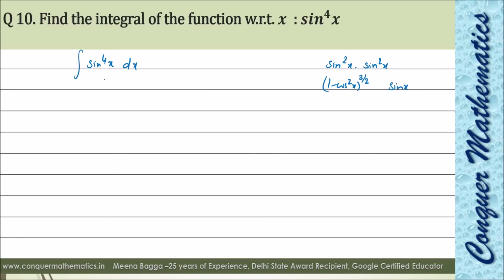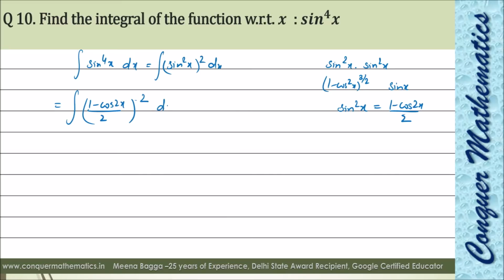We are to use the formula itself, and sine square x in terms of a simple linear trigonometric function, meaning not a power of that, is nothing but 1 minus cos 2x by 2. So we use it here: 1 minus cos 2x divided by 2, whole power 2. Sine square, power square, and we have used sine square is this.